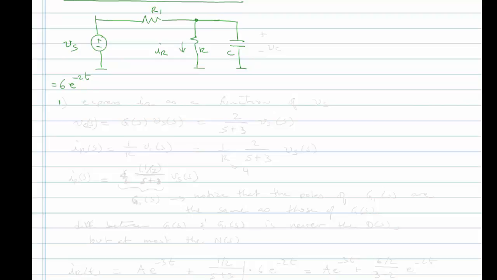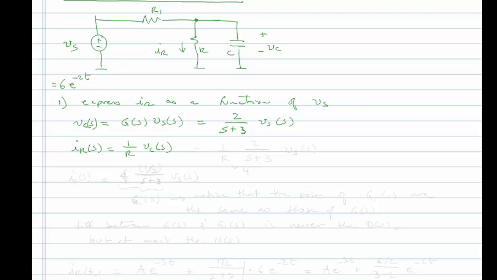So the way we approach it is express IR as a function of Vs. Since I already know that Vc of S is equal to G of S times Vs, where G of S we've already found was 2 over S plus 3, we can write IR is simply equal to 1 over R times Vc, correct?